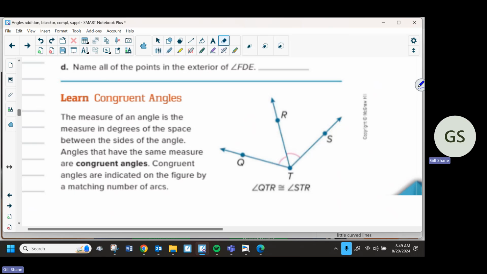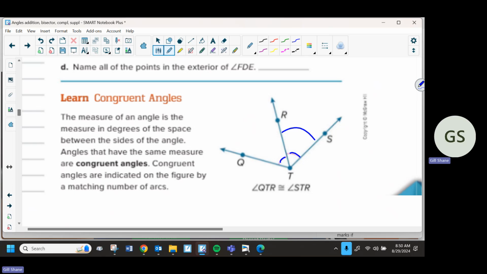It does not matter how low they are in the angle, or that they could have put that one way up there. Theoretically, they'll never do that. How long these are does not matter. What matters is how many of them there are. If they are the same measure, then there'll be the same number of tick marks.